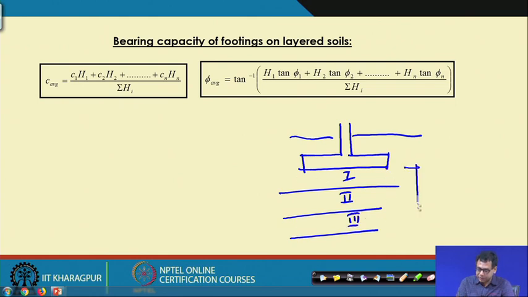So, this is within the B, because B is the influence zone for bearing capacity calculation. In that case, what we are doing is taking the weighted average of the cohesion, because this is C1 with H1, this is C2, this is H2.